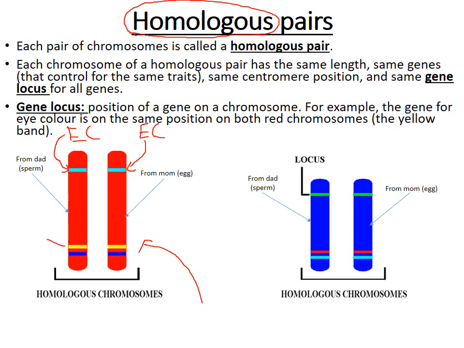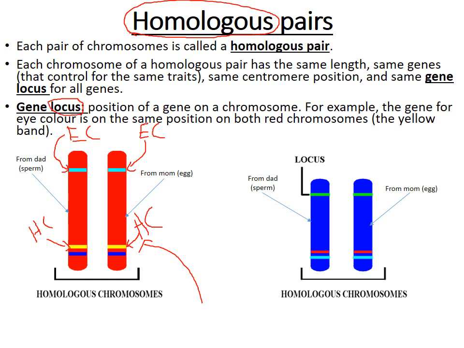This might be a gene for, I don't know, hair color. And on the same location, but on mom's, there's also a gene for hair color here. So in addition to having the same length, these homologous chromosomes also have the same location of their genes. And remember, a location of a gene is called a locus.